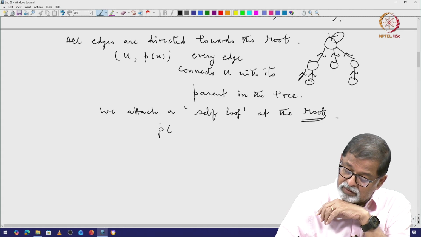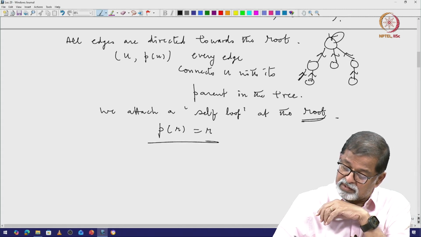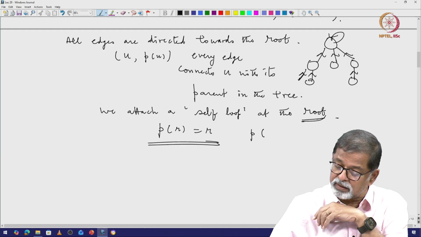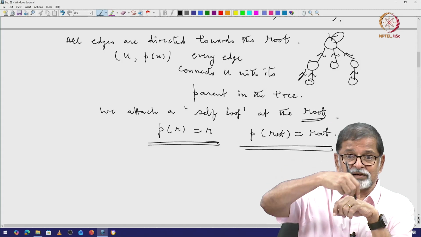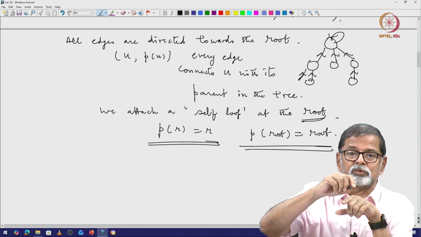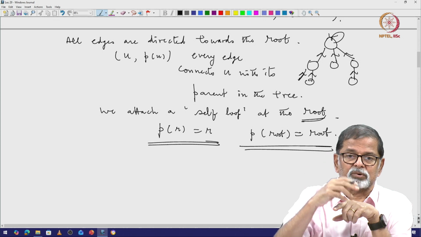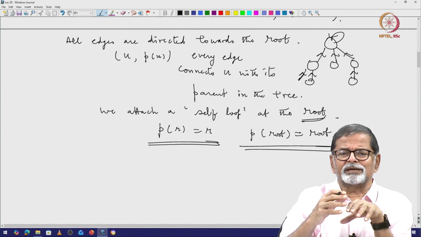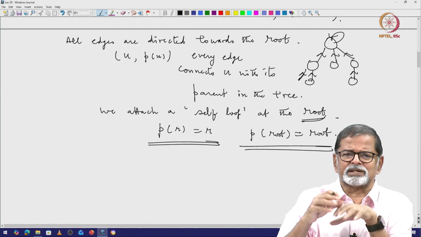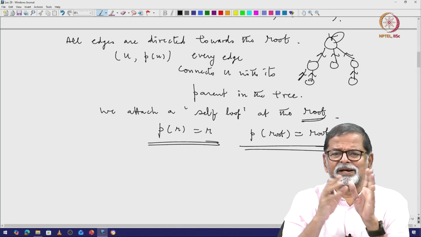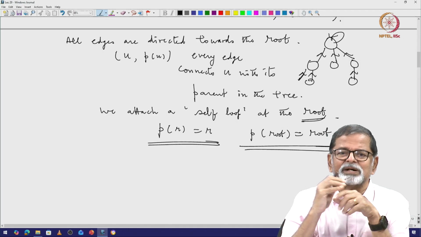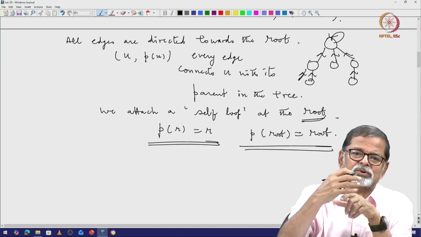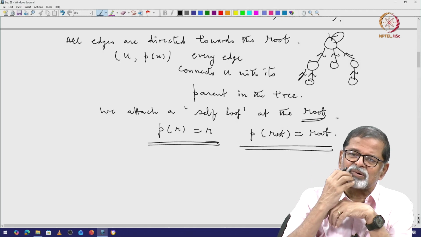Therefore, the parent of the root is the root itself, because it is a self loop. Through parent we are referring to a node, so P can be viewed as a pointer. For our purposes, P will simply be an array, a parent array, because it will hold the index or value of the parent node.